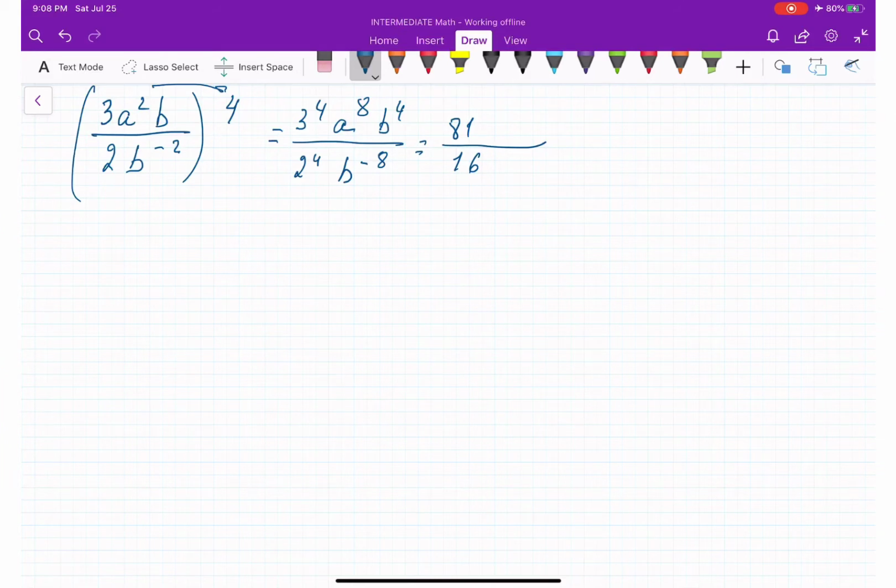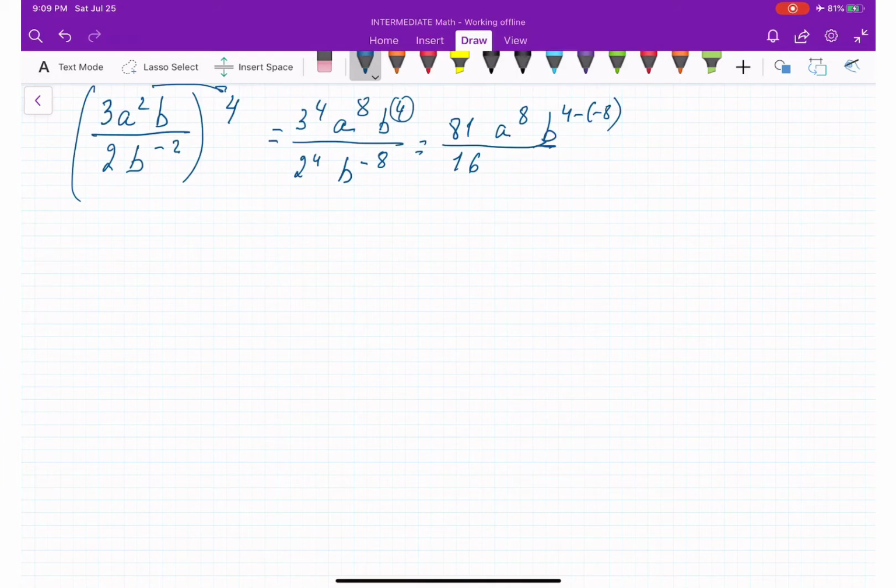Okay, a to the power 8, and then for b, since we have 4 here, I'm going to write b to the power 4 minus negative 8. Yes, because when we do division, we subtract. And because we have negative, we do 4 minus negative 8. And what do we get? 81 and 16. Can I reduce by any number? I don't think so.